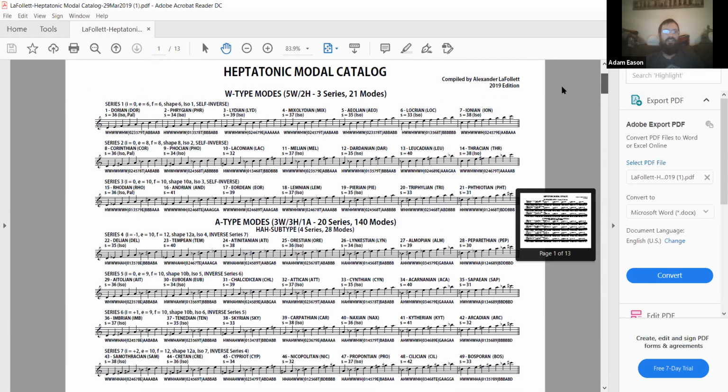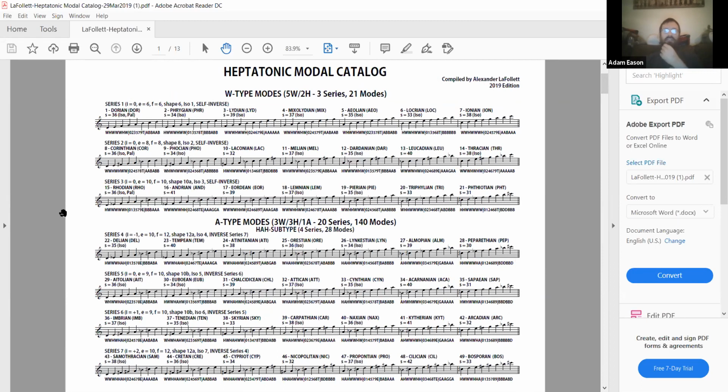When I first got this, I was just like, well, what do I even do? Where do I start? Because it's a pretty overwhelming amount of information to try and process. I started by trying to figure out what would be most immediately relevant to me as a composer.